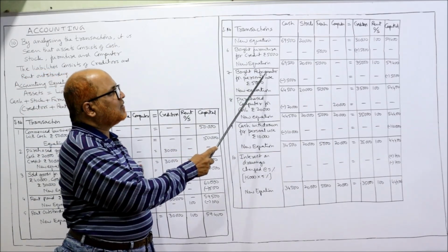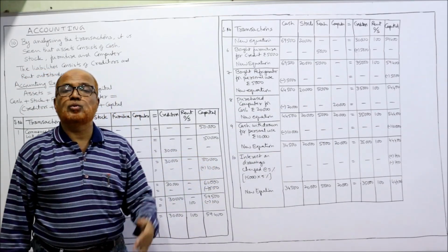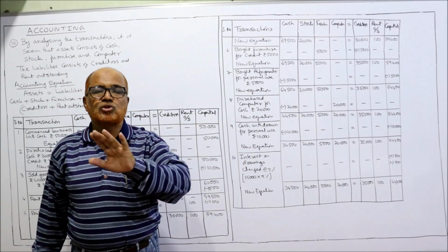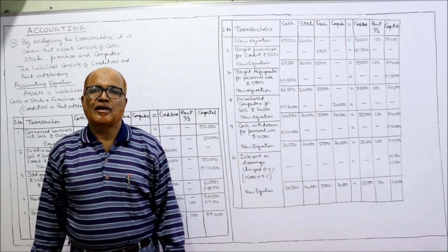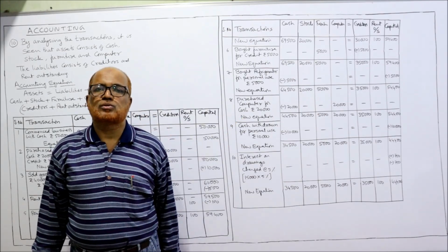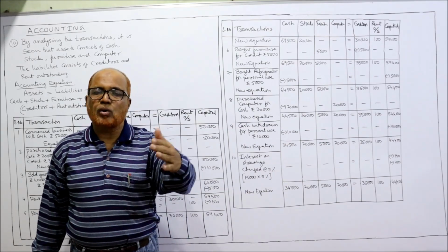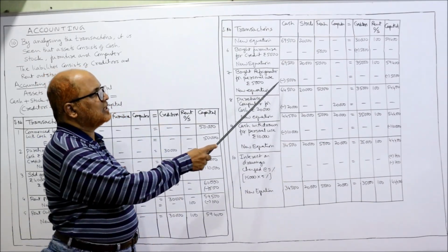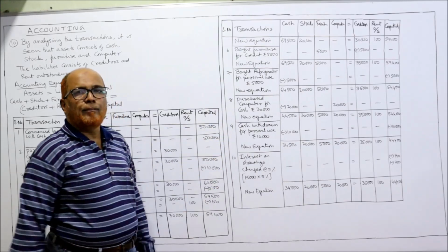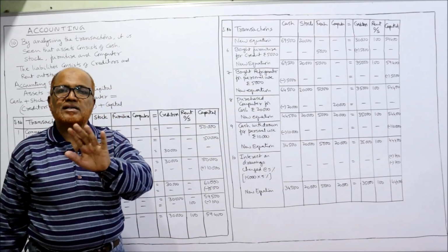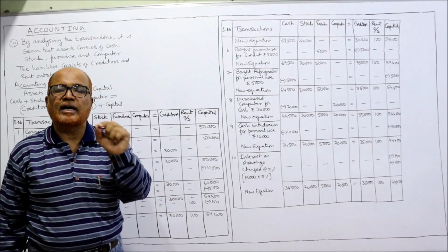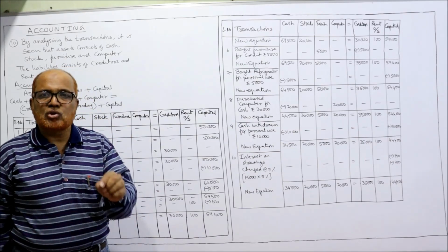Next comes bought refrigerator for personal use. The refrigerator is not purchased for business. It is purchased for personal use. So first of all, cash is going out. Cash is going out, so minus 5,000 in the cash column. But for this 5,000, no asset is purchased, it is drawings.